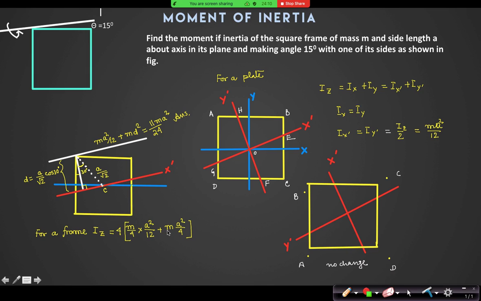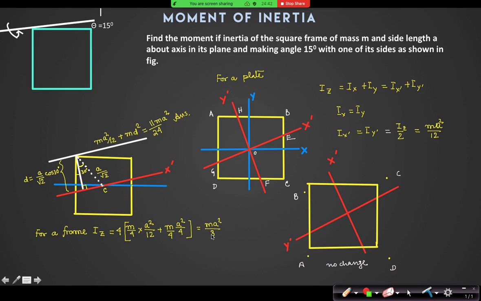This term is about the center of each rod, ms square by 12 plus parallel axis theorem. So it is ms square by 12 plus ms square by 4. So it is ms square by 3 or not?